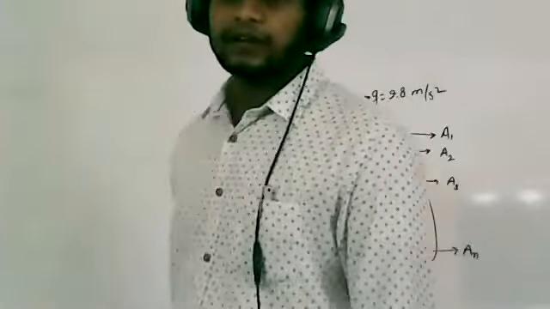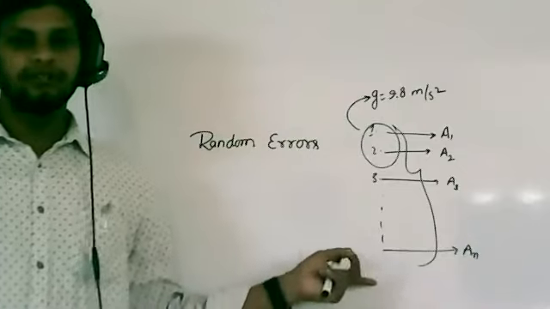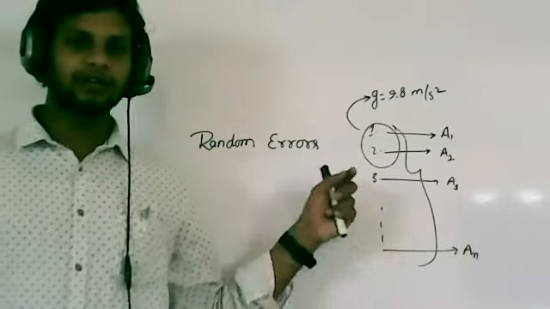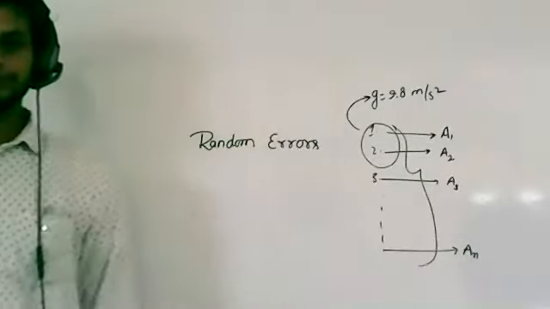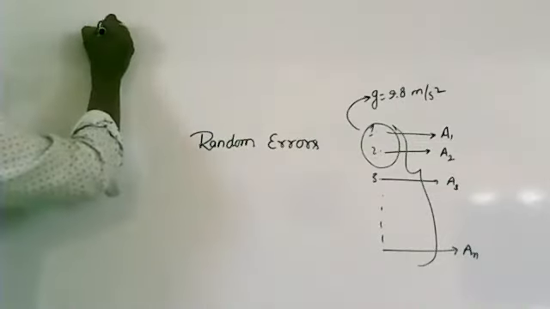So if you do the practical a number of times and take the average, that gives the mean value, which is close to the true value. Clear? So that is called the best possible value.